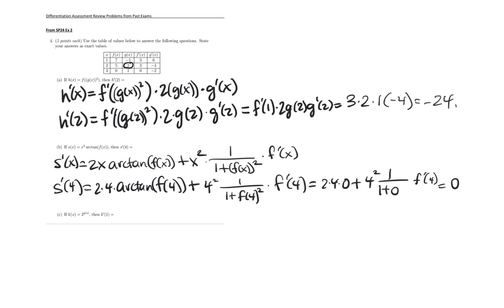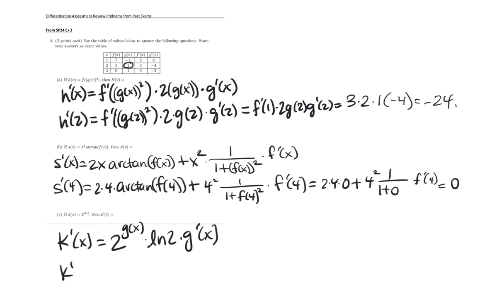Okay, if k of x equals 2 to the g of x, then k prime of 1. Okay, so k prime of x will be 2 to the, leave the g of x alone, times natural log 2 times g prime of x. Okay, now I want to plug in 1.